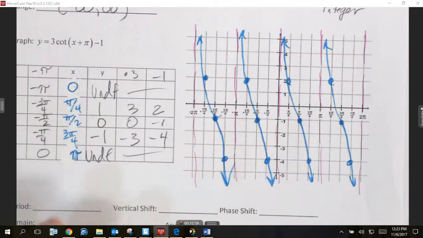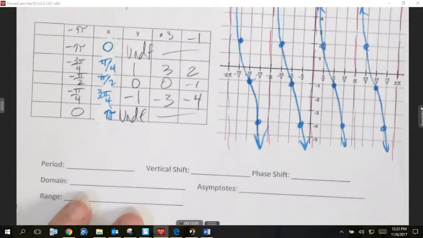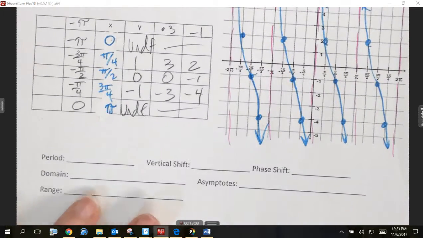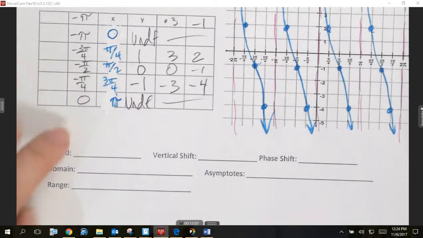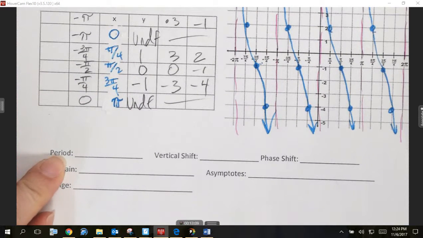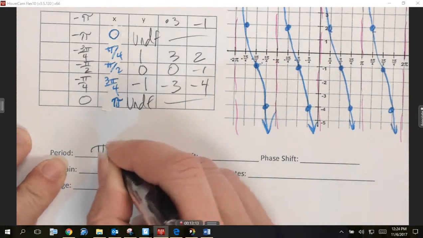So I'm going to keep writing it, and then you can look up here if I'm going too fast for you. Or, hey, it'll be a video if you need to go back and watch it later. Period, nothing changed horizontally, no stretches or shrinks, so period is still pi.